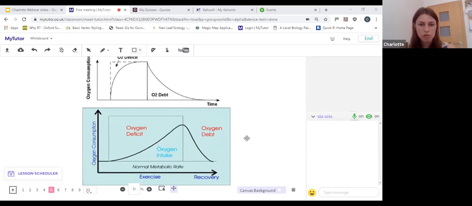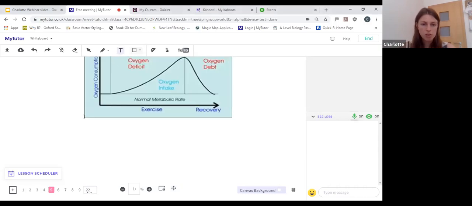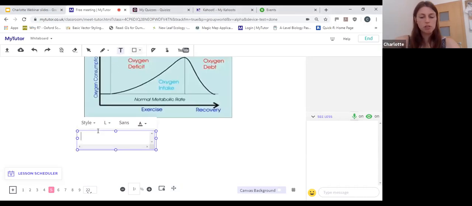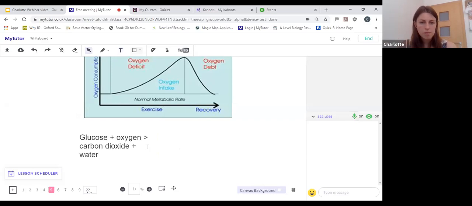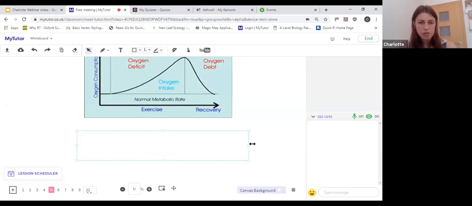So I'm just gonna real quick pop up a text box with those equations in so you can have a look at them. So glucose plus oxygen. Okay, let's move that on. So this is aerobic respiration.